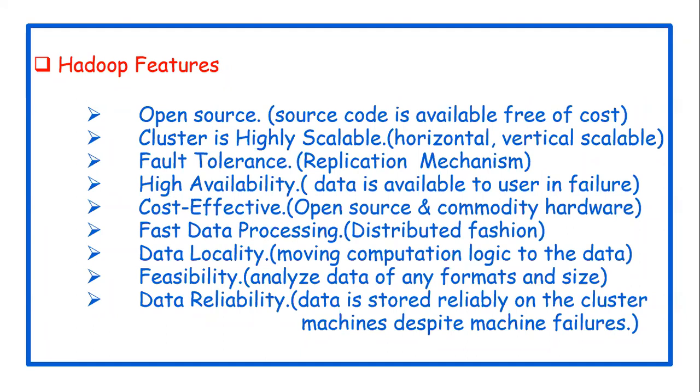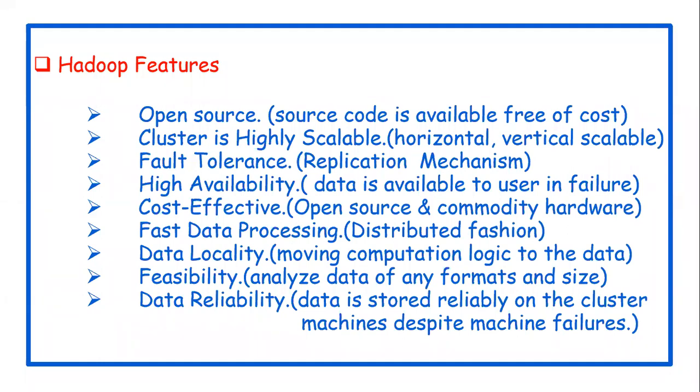Next one is fault tolerance. Faults will happen frequently because we have commodity hardware devices, and commodity hardware will not always work. Whenever a computation is going on, in the middle of it some of the nodes stop working and don't send heartbeat signals, so those data nodes are considered dead.